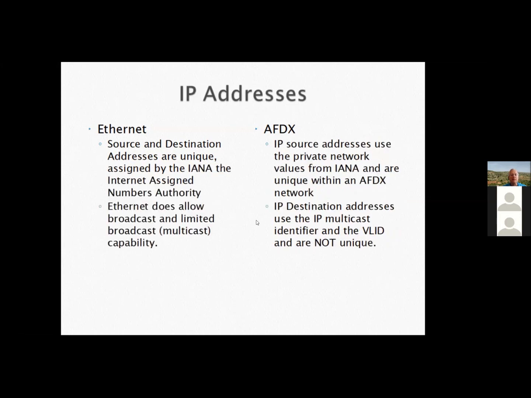If we move to the IP address, again, in Ethernet, they're unique. Here, it's not the IEEE that gets to assign them, but another international company called IANA, or the Internet Assigned Numbers Authority. So again, you've got these unique addresses. Now, Ethernet has a number of different modes in which it is used.